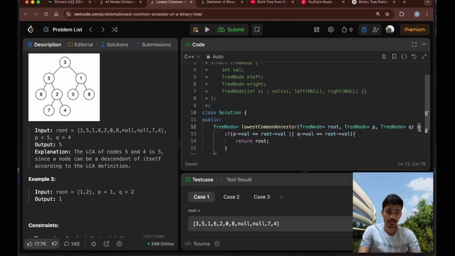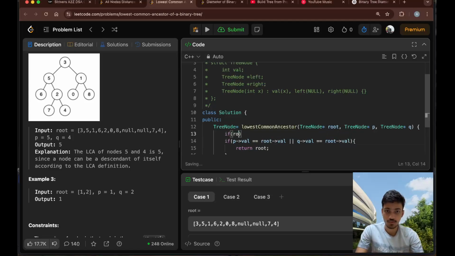Another base case is that our root is null. Then what to return? If the root is null, then return null.